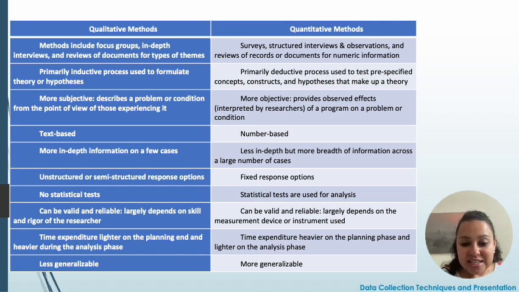It doesn't need any statistical tests, but it's more about compositions, where we need to see if something happened or not. So the hypothesis here will be more about understanding a relationship or correlations. It can be valid and reliable, largely depending on the skill or rigor of the researcher or the person who will collect the data, in order to include the emotions of the people while they are answering the questions.